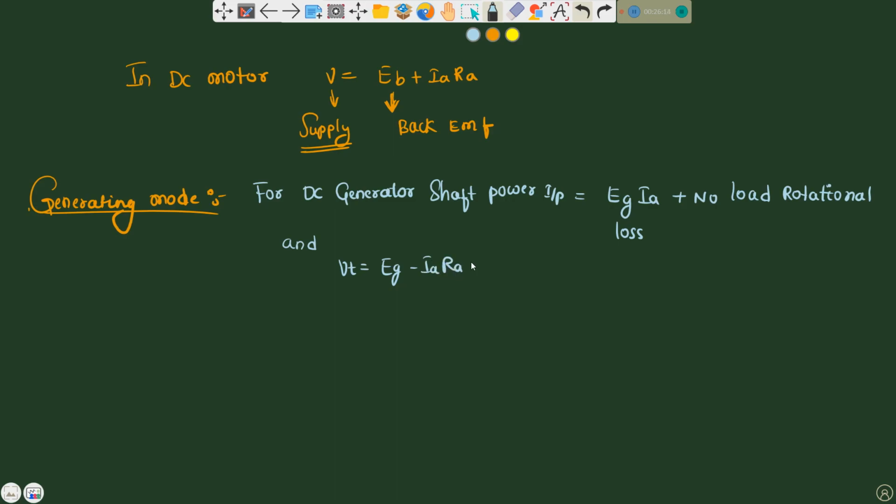So where Vt is what here? Armature terminal voltage. Ia is nothing but armature current. Ra is nothing but armature resistance.